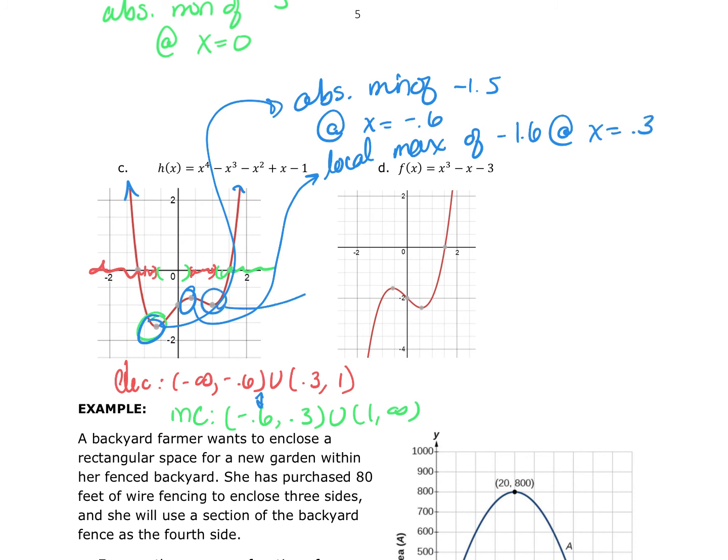Here's my last one, and I'd say a local min of looks like about -1.9 at x is equal to 1. So that's that one. And again, I had to estimate because I didn't have some really nice grid marks to determine that. So let me go ahead and erase this, and then we'll do the second one here.